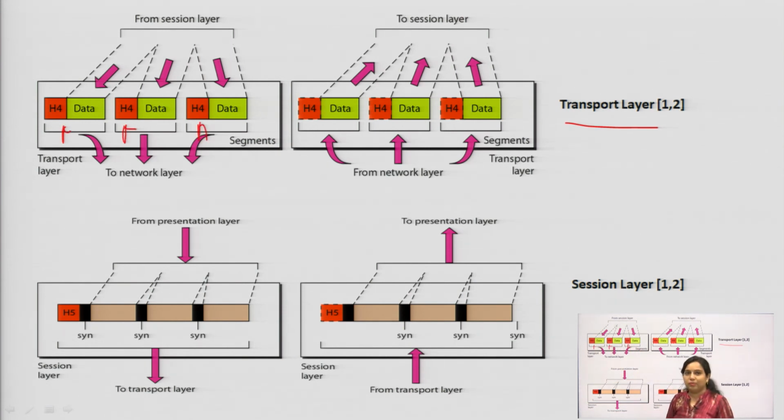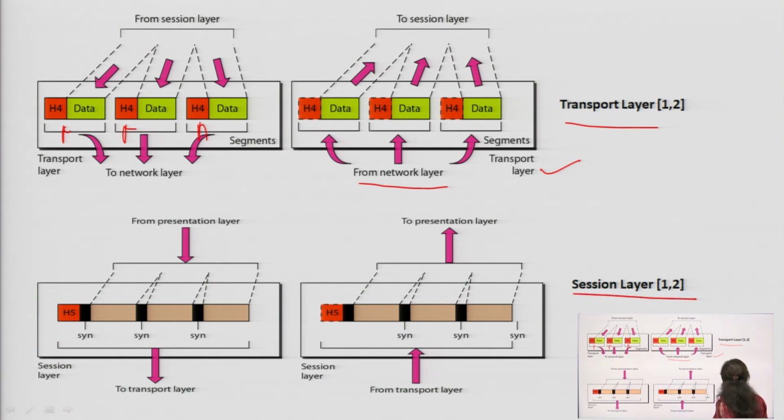H4 means it is the fourth layer part. So, that is the header. At the receiver side also, from the network layer the data will be received and it will be divided into different segments. So, this is the part of transport layer.